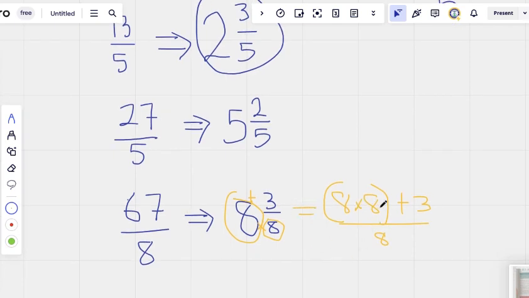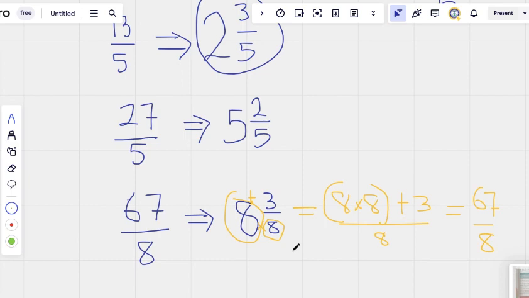So this becomes 64, plus 3, you get 67 over 8. See, you got your improper fraction back. This is very well documented, one of the things you're going to be doing in conversion.